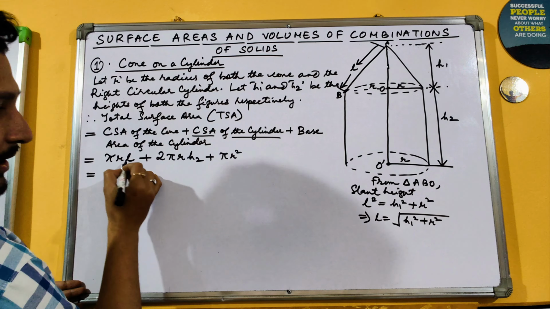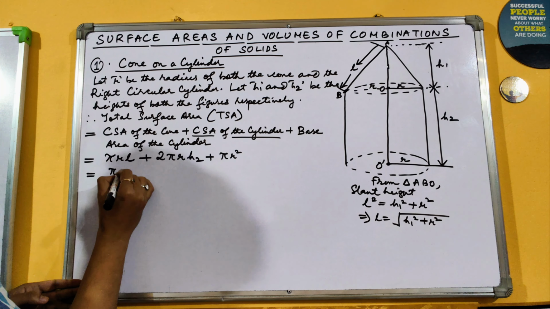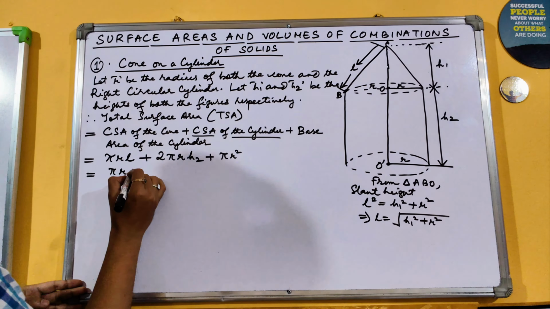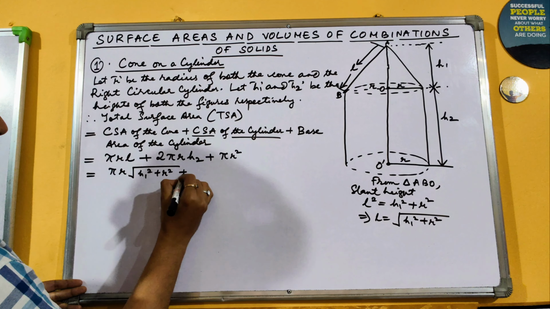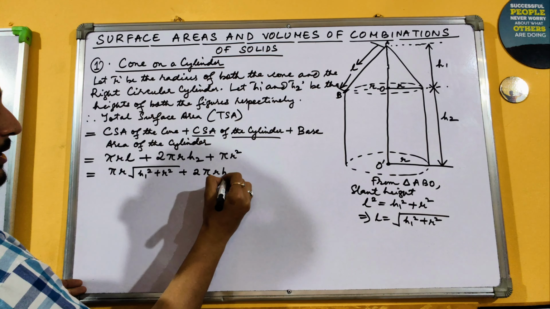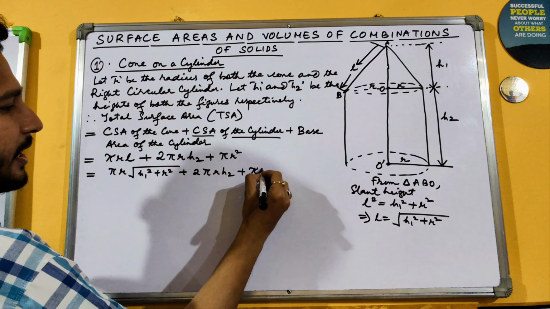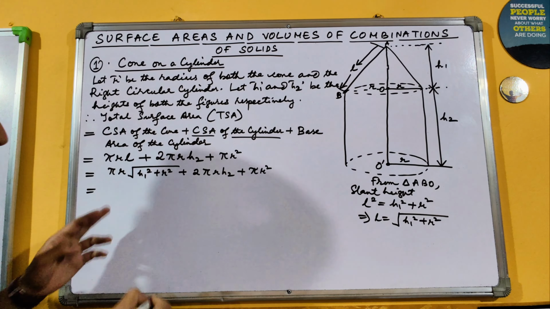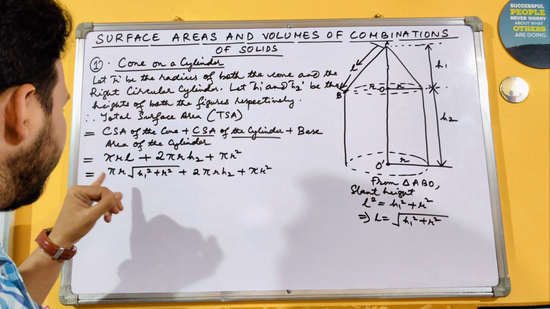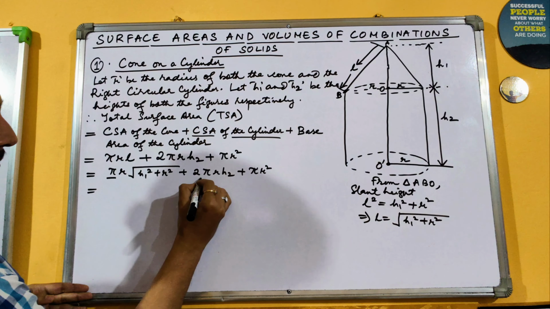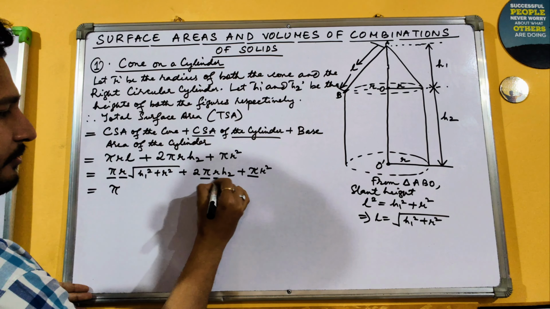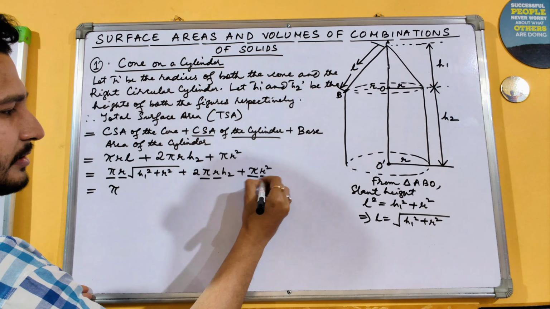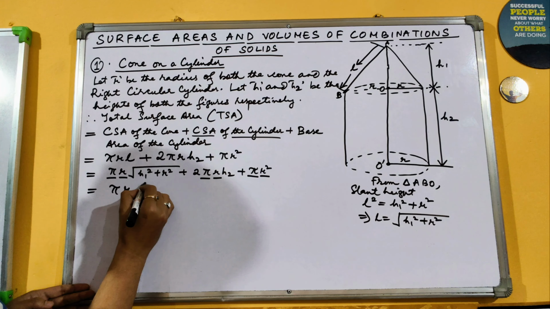Let's put the value of L here. Pi r L is pi r root over h1 square plus r square, plus twice pi r h2, plus pi r square. Now you can take pi common, then one radius from each term, that is r, and just write the whole thing inside.